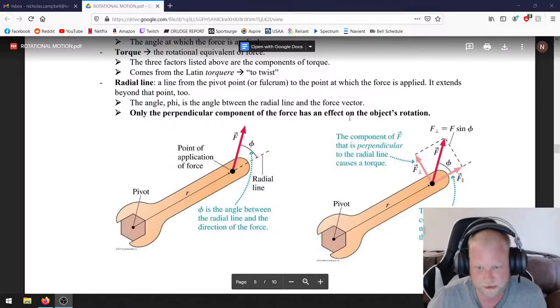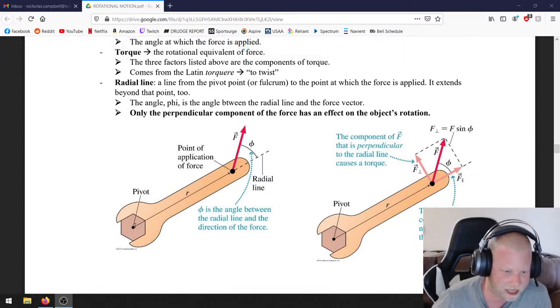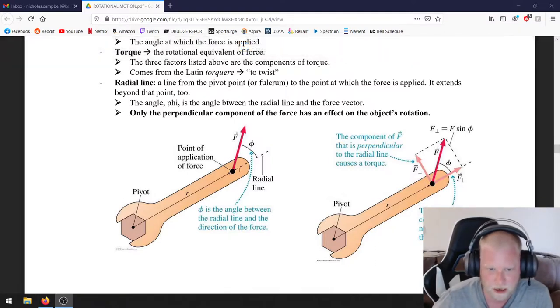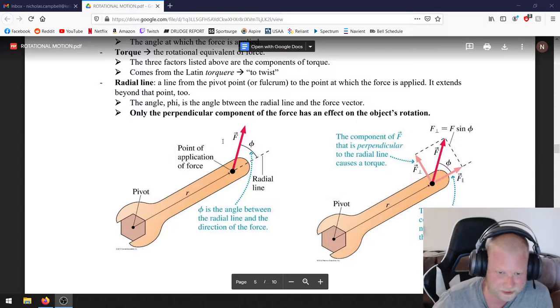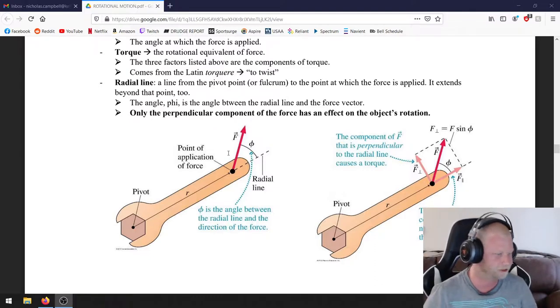Now, the first way we can look at it is in terms of looking at a radial line. And a radial line would be a direct line from the pivot point straight out to where the force is applied. Now, if you have a force applied at an angle, so if we're looking at this example of a wrench trying to turn a nut, only forces that are perpendicular to that radial line will actually contribute to any rotational motion, right?